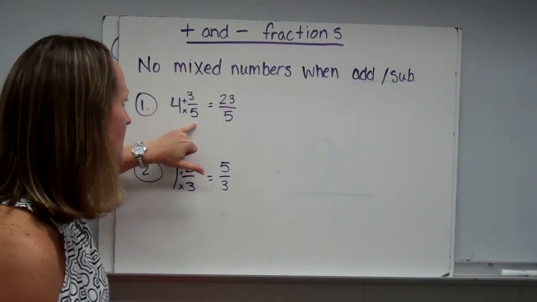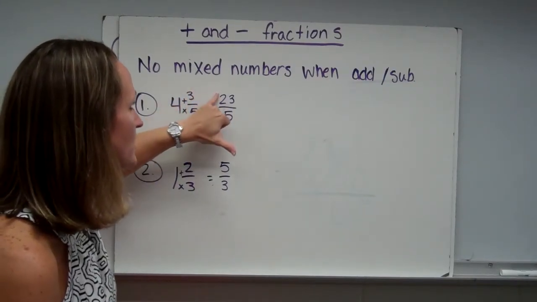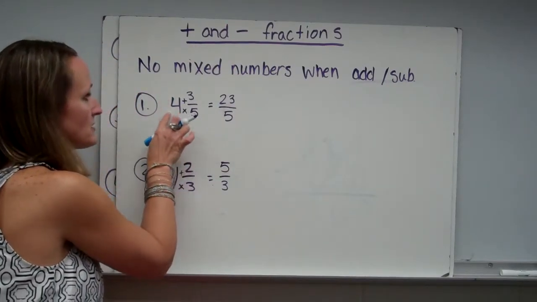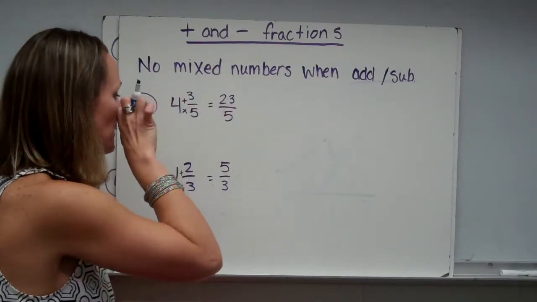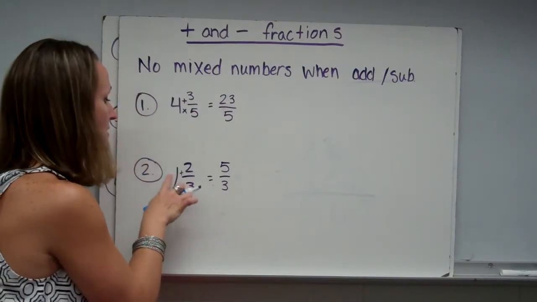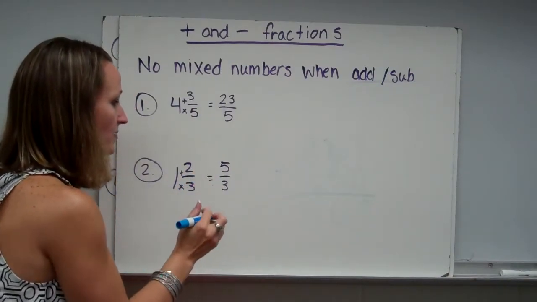So I would do 5 times 4, which gives me 20, plus 3, to get 23/5ths. So remember, denominator times the whole number, add your numerator. Same thing here: denominator of 3 times whole number of 1 plus 2 gave me 5.